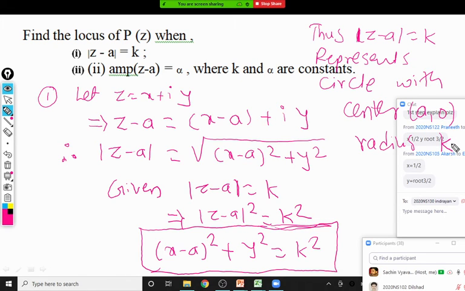That should be the final answer. The final answer of mod z minus a equal to k is that it represents the circle with the center (a, 0) and the radius k, and that is about the locus. So we just have to find the equation in terms of x and y. We find the Cartesian equation, and in the Cartesian equation we are already familiar with the Cartesian equations of the curves, and we can tell the name of that curve.